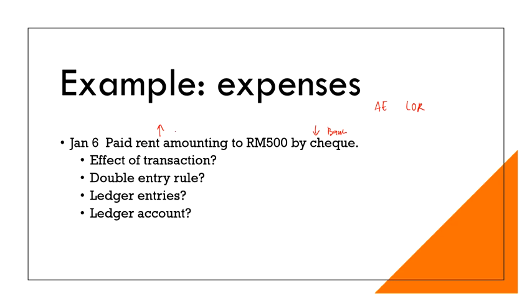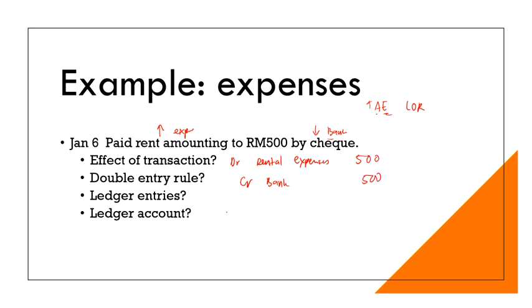Rent is your expenses. When expenses increase, you will debit the rental expenses. When bank is your asset decrease, you will credit the bank account. How much? It is for 500 ringgit.